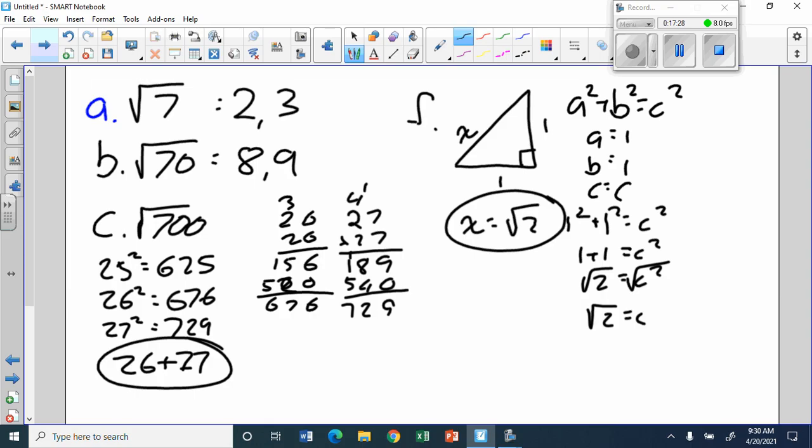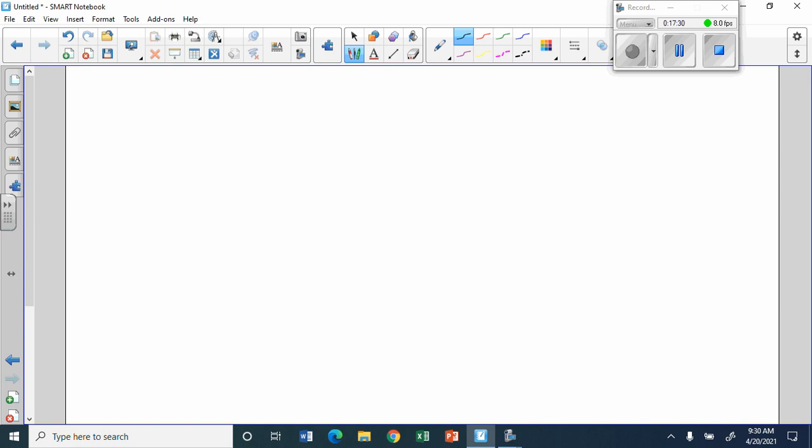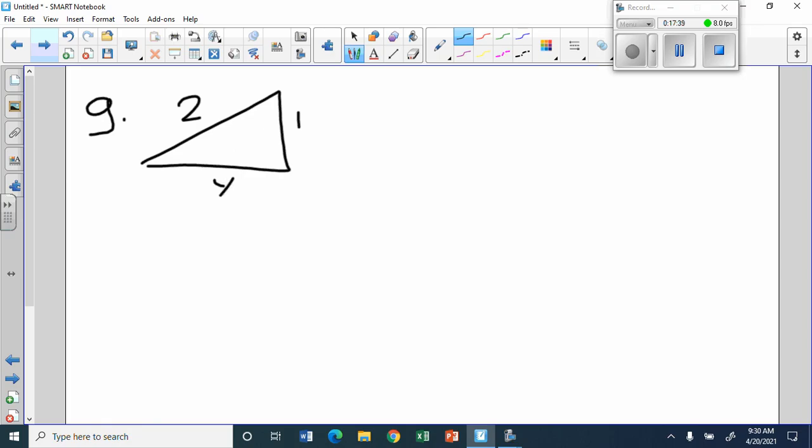Okay? Don't let this one screw you up. But I'm going to give you G. G is 2, 1, y. This is the 90-degree angle right here.